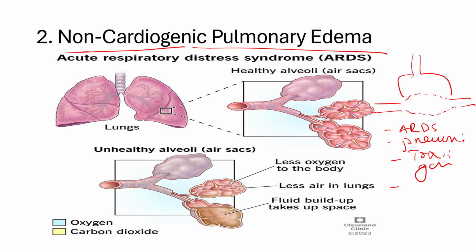Sometimes it can happen with drowning. So these conditions can result in leaky capillaries and the fluid will seep into the alveoli, but the heart pressure will be normal in this situation. So this is called non-cardiogenic pulmonary edema, in which the capillary will become leaky.